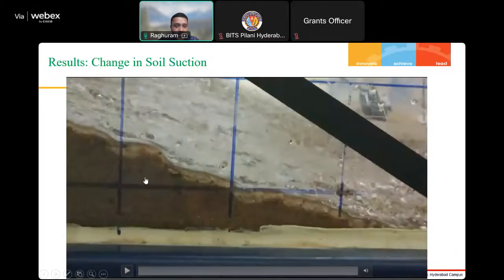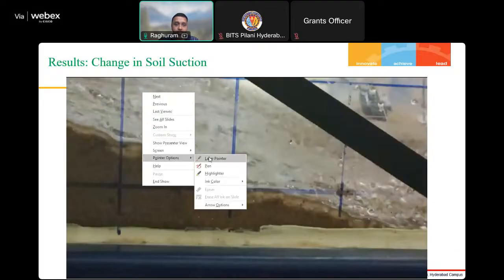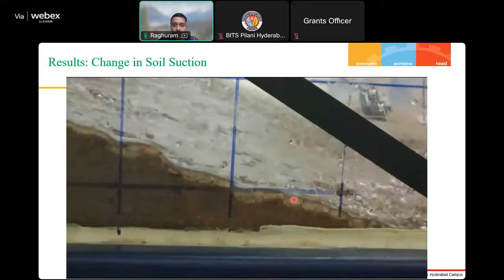This video shows the movement of water, which is also carrying soil particles along with it. So we can see the erosion, how the slope erodes.